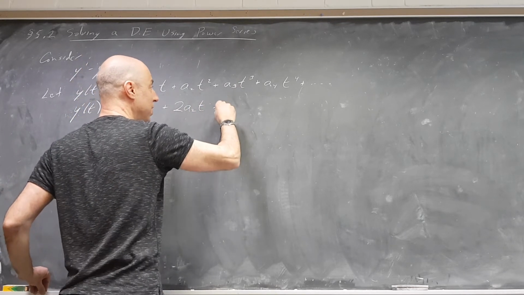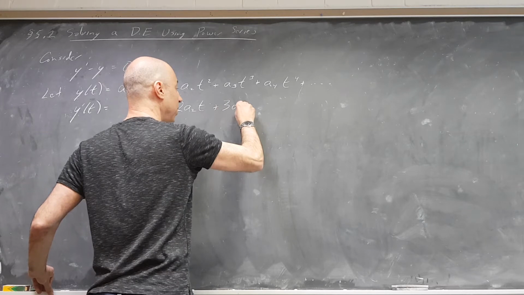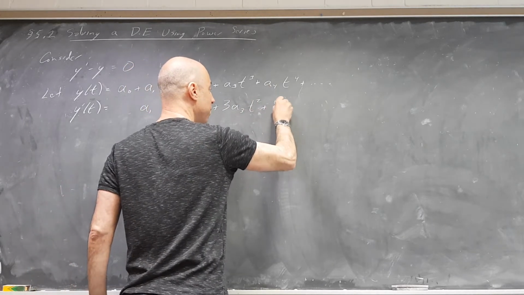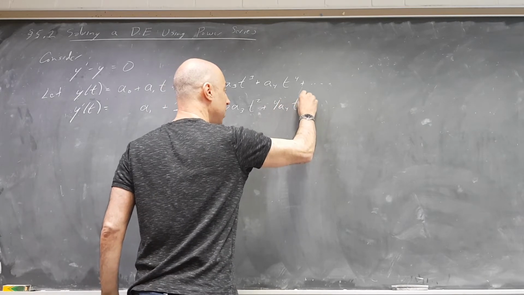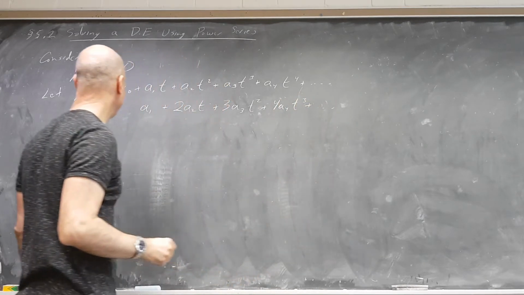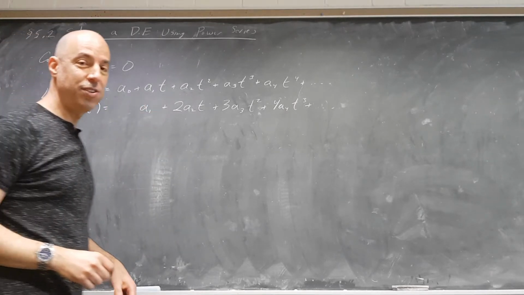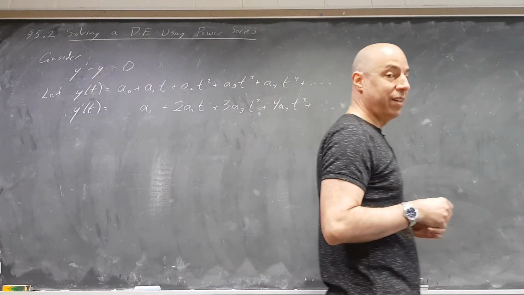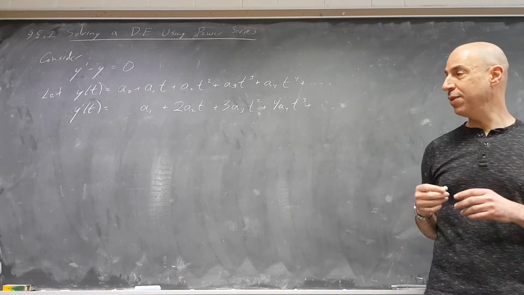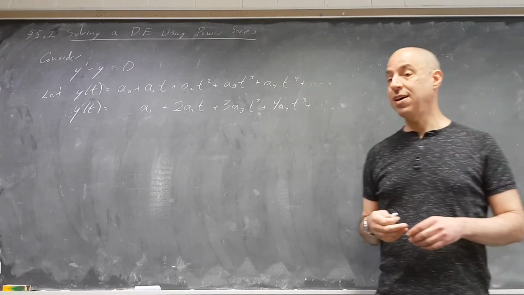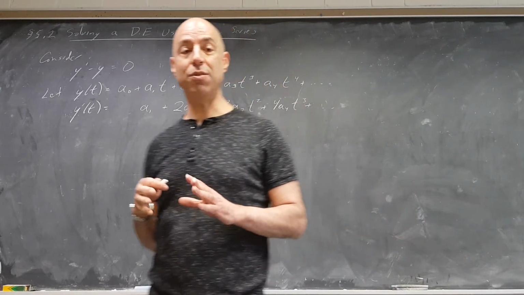The next term, if we take the derivative, will be 3a3t squared. The next term gives 4a4t cubed, plus, and so on. Under conditions that you would have studied in a Calculus 2 class, but I'm going to just take for granted here, we can take the derivative of a Taylor series, a power series, term by term.